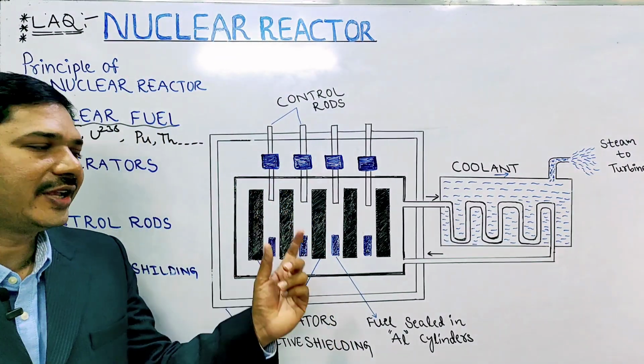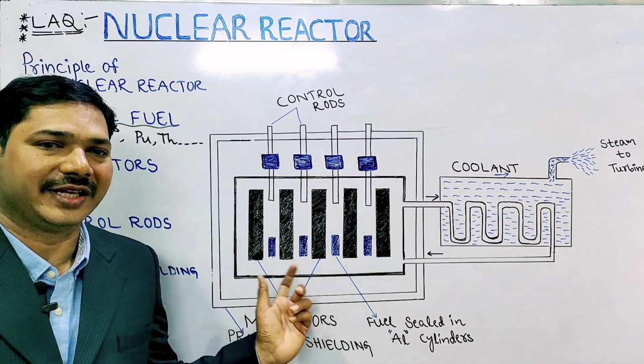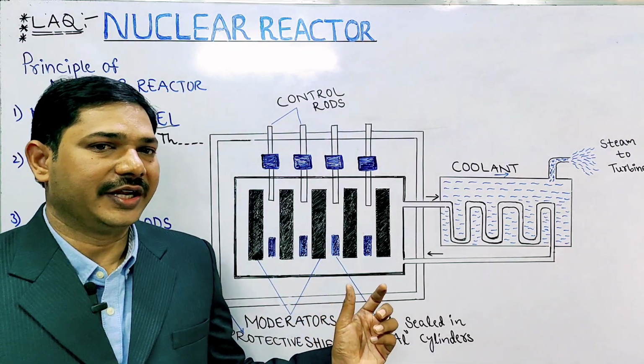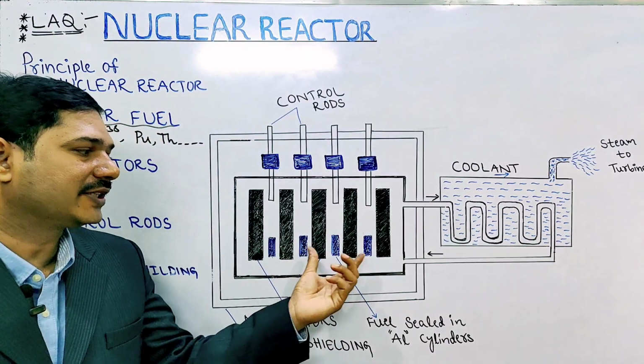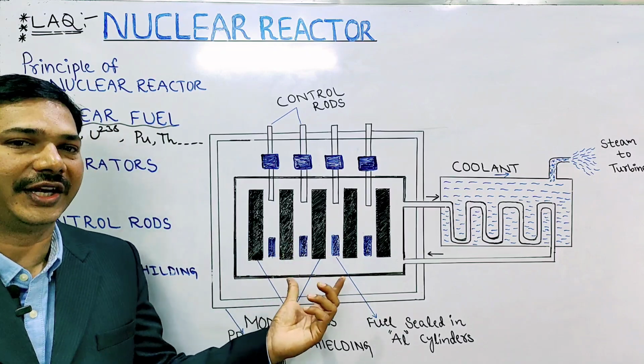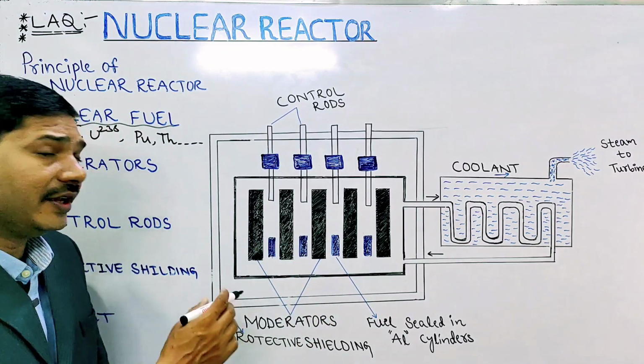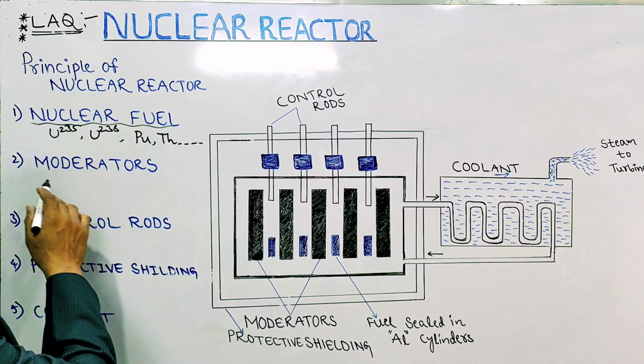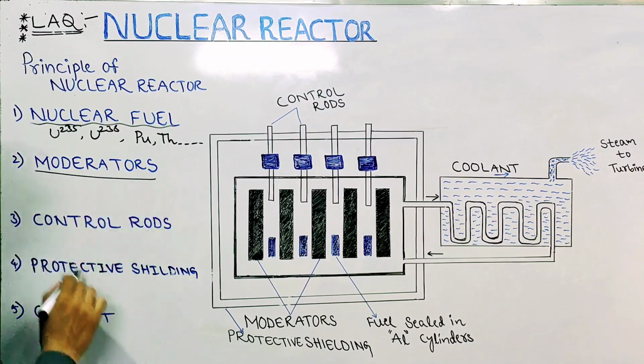These nuclear fuels are sealed in aluminum cylinders, and these aluminum cylinders are placed between the moderators. The second essential part is the moderator.